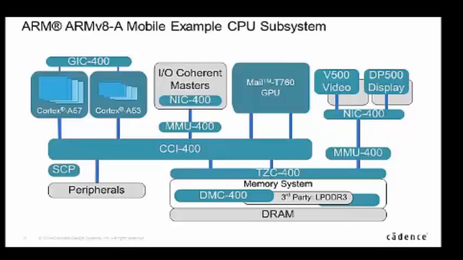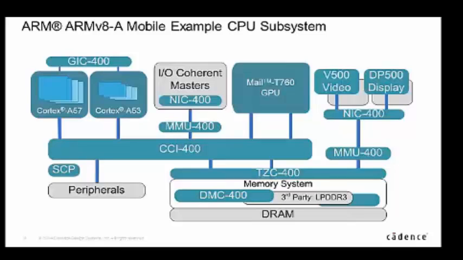I picked a mobile application because in some respects the challenges are more complex. Your IPs tend to be quite heterogeneous in terms of performance requirements. You have maybe displays and PCI Express, maybe a range of things. In the enterprise domain, they tend to be generally more regular, with multiple high-speed reading.